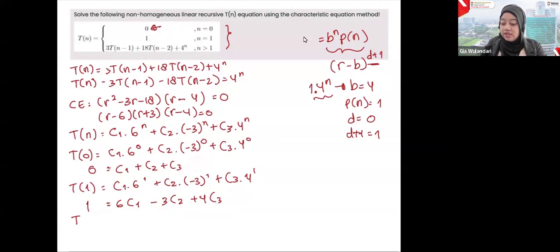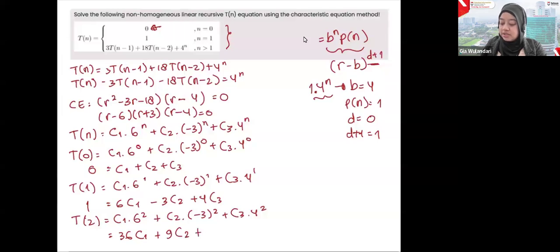So we need T2, which is C1 times 6 squared, C2 times minus 3 squared, and C3 times 4 squared. And it will be 36C1 plus 9C2 plus 16C3.